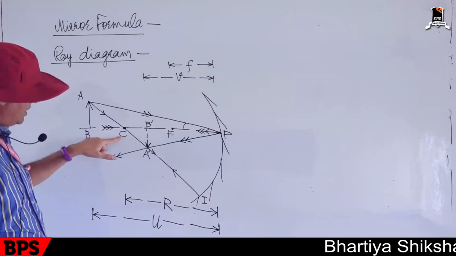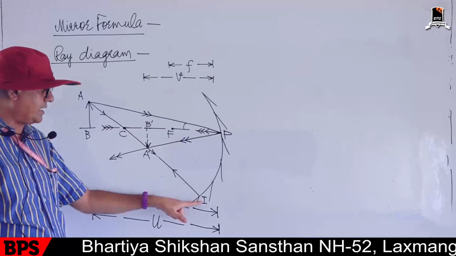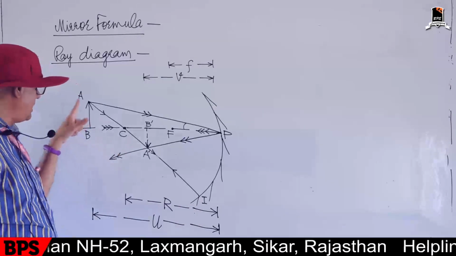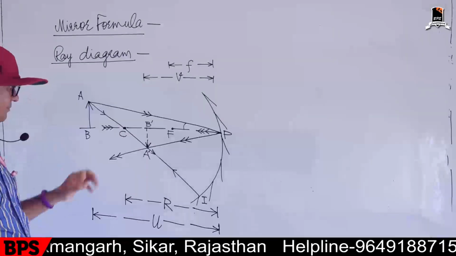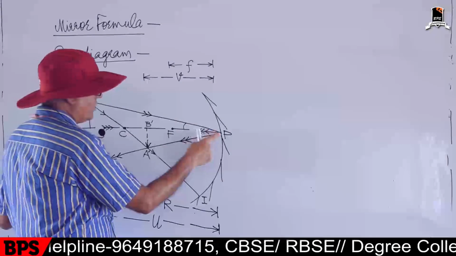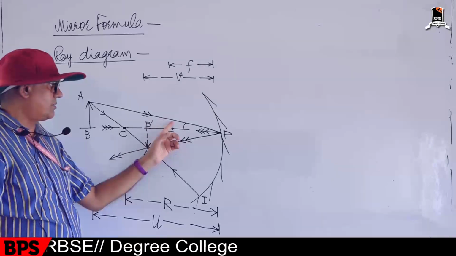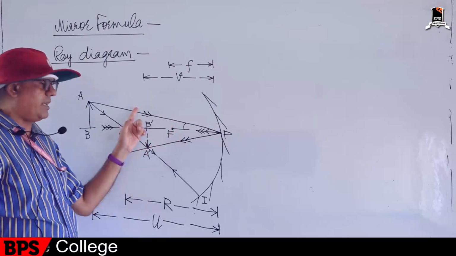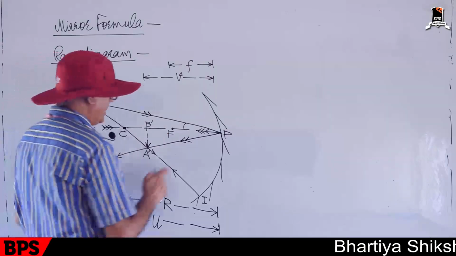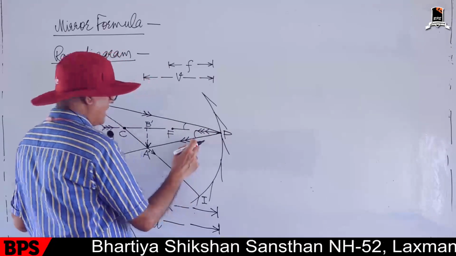So ACI is incident beam, and this will be reflected back in the same direction, means ICA is the reflected beam. This is the first beam. Second ray is directly incident on the pole P. So whatsoever angle this incident ray, second ray, makes with the principal axis will be the angle in between this principal axis and this reflected beam.